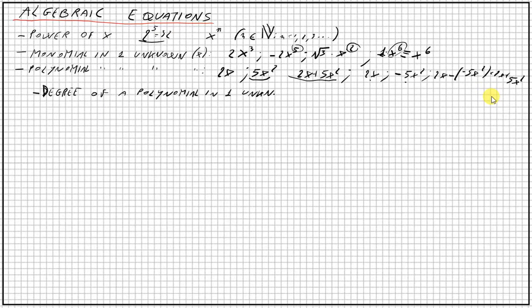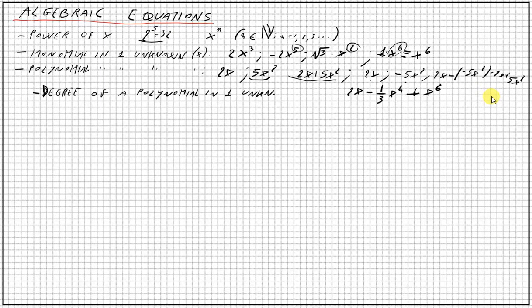I'm taking two monomials, so it's plus 2x added to plus 5x squared. There may be more, actually. There could be 2x minus 1/3 x to the power 4 plus x to the power 6, for example. That is a valid polynomial. There is no limit to the number of monomials you may add.